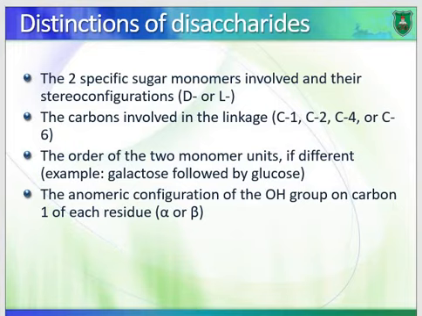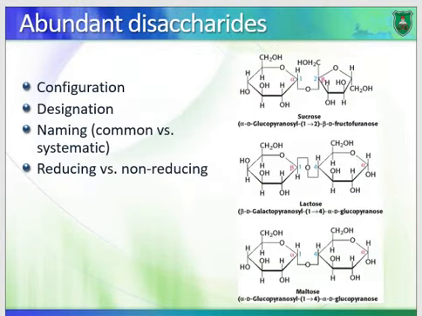So it can be between carbon number 1 and carbon number 4, carbon number 1 and carbon number 2, carbon number 1 and carbon number 6, etc. Also the order of these monomers or monosaccharides, which one is first, which one is the second, and the orientation or configuration of the OH group on the anomeric carbon, whether it is upwards or downwards, alpha or beta, etc. So all these factors make different types of disaccharides, as we can see in the following examples.